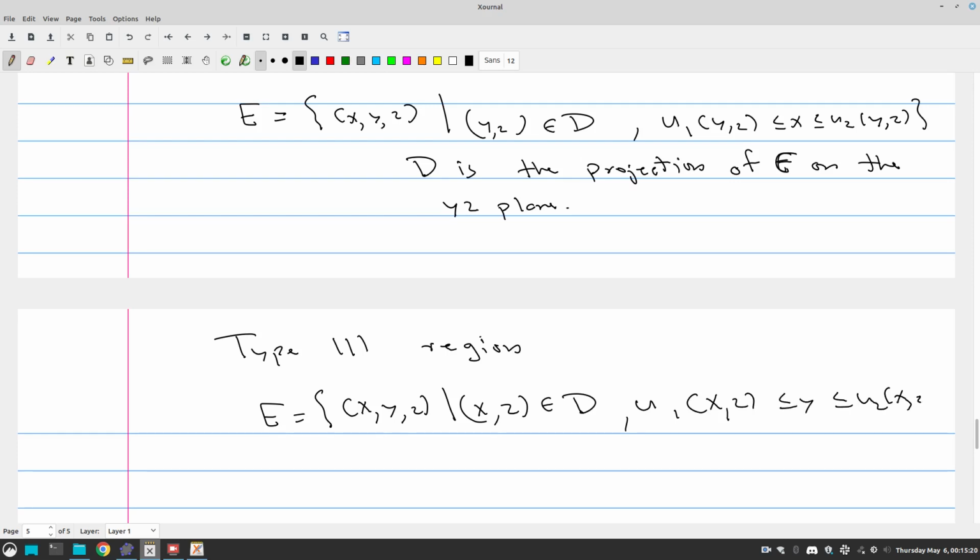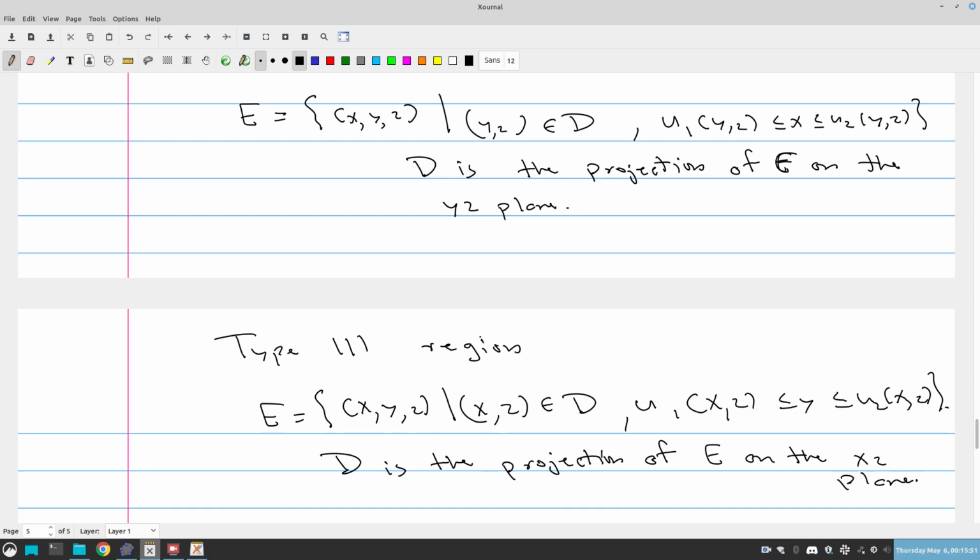So D is the projection of E on the xz plane. Alright, so that's a type 3 region.